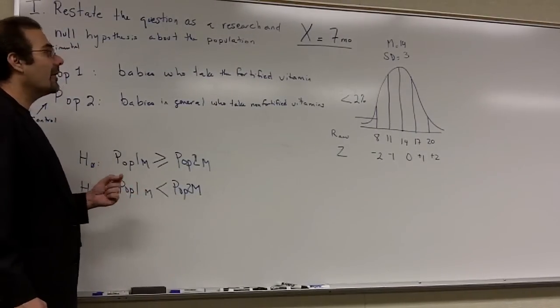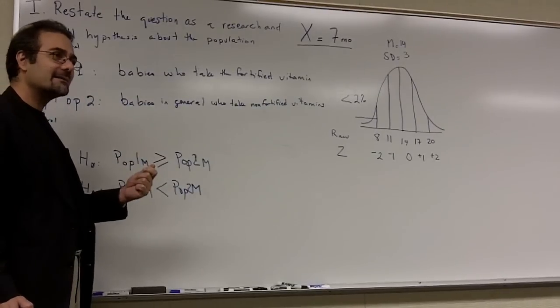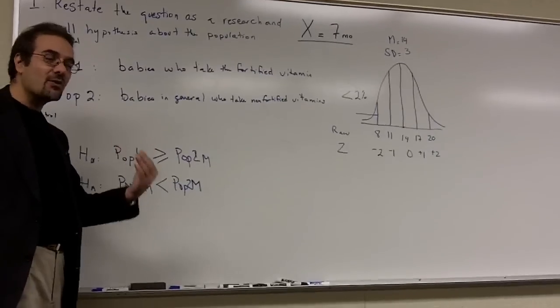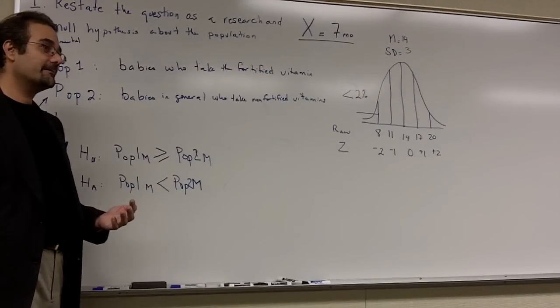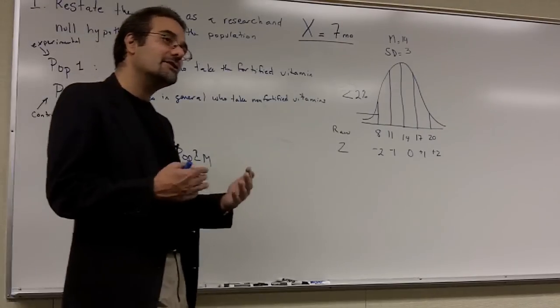We say, if the drug had no effect, the probability of getting such a score is so low that I don't think the drug had no effect. And therefore, you reject the null. By saying that statement, you're rejecting the null.